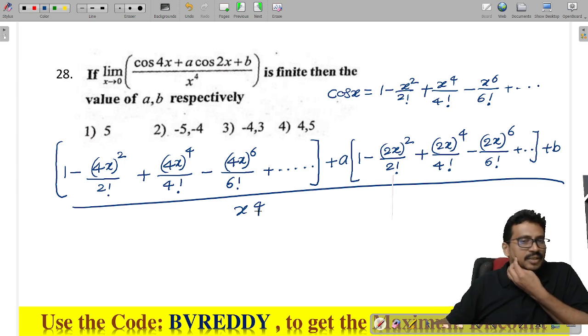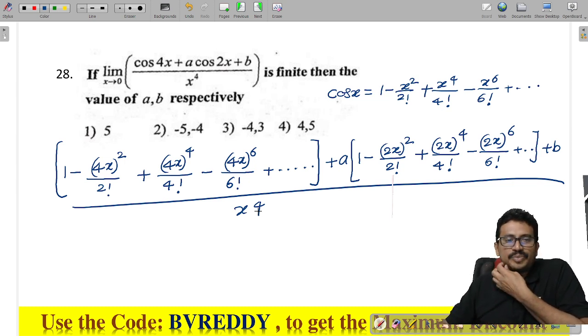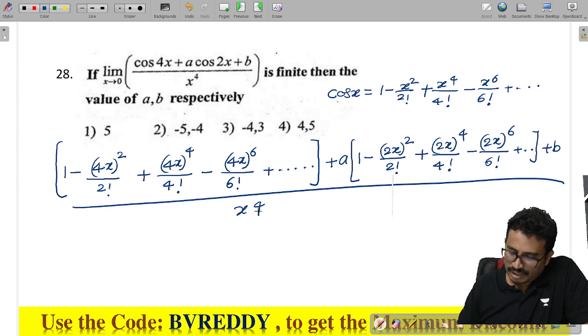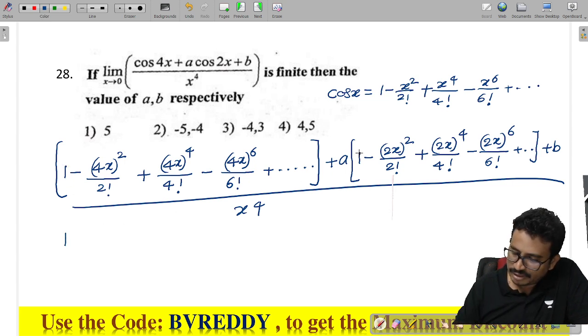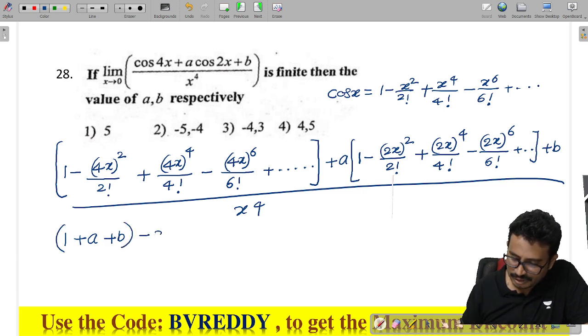Now let's take the corresponding components here. If we take these coefficients, you see the constant terms: 1, here we will get a into 1, and then plus b, this one term. Next x square terms, minus x square we have taken common. Then see what I will get now, 4 squared by 2, that means 8.